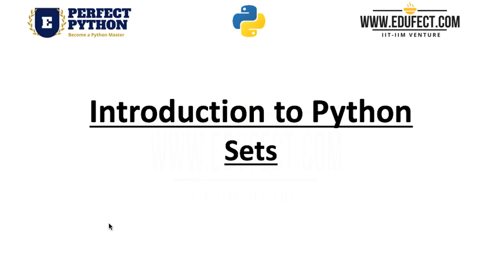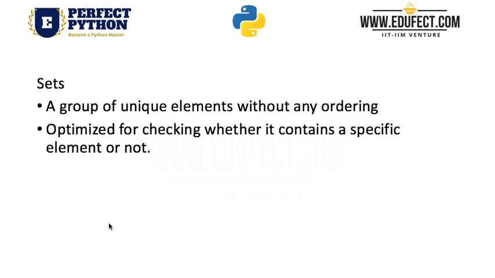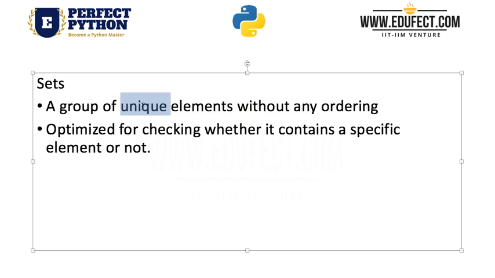In this lesson, we will learn about another important inbuilt data structure in Python, which is sets. So what are sets? Sets are a group of unique elements without any ordering. So the two important aspects: unique, which means all the elements in a set are unique, and there is no ordering within a set.